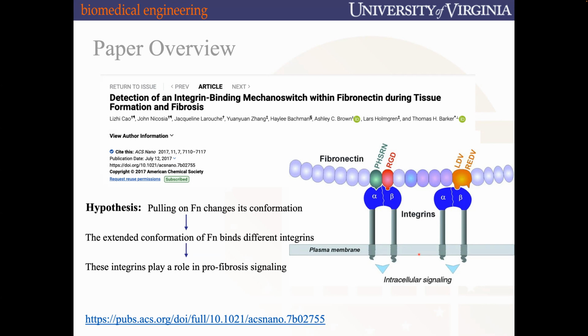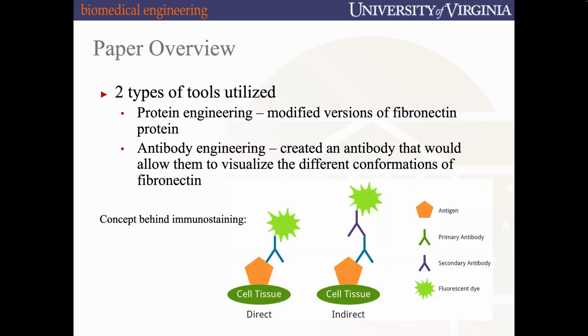And the argument in this paper is that some of those integrins might be playing a role in the development of fibrosis. So I included the link here if you want to look at the whole paper. Sometimes looking through the introduction might be helpful. And these two tools that they're utilizing throughout the paper will come up again and again. So if you have any questions about these, feel free to ask any of us.